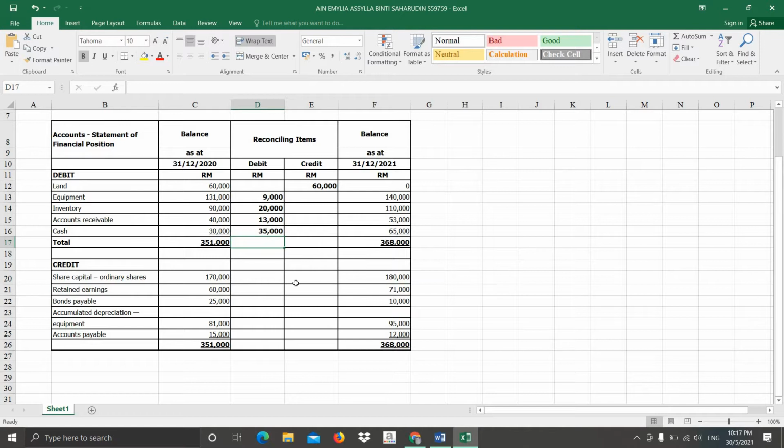For the credit items, if there is an increasing balance in the ending balance, we put it on the credit side, while if there is a decreased balance in the ending balance, we put it on the debit side.